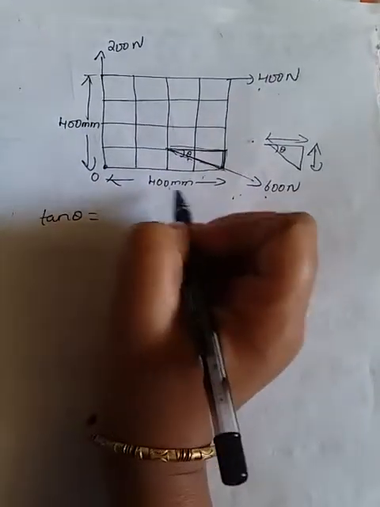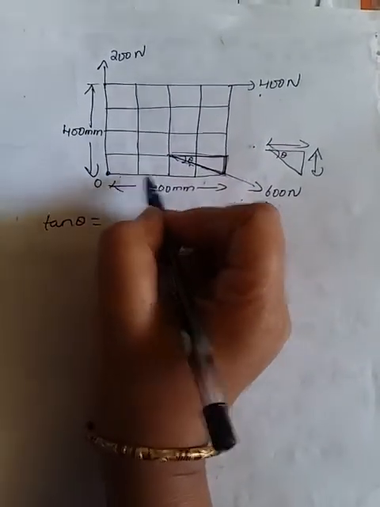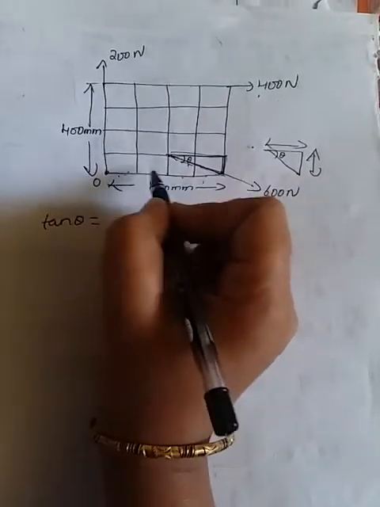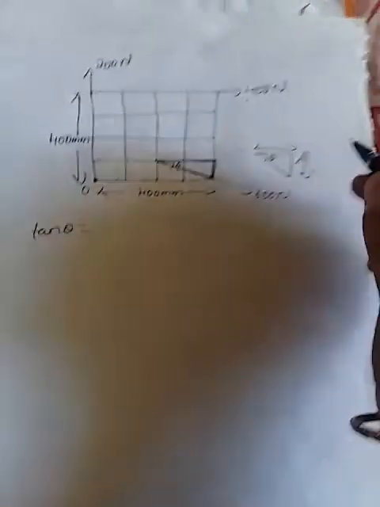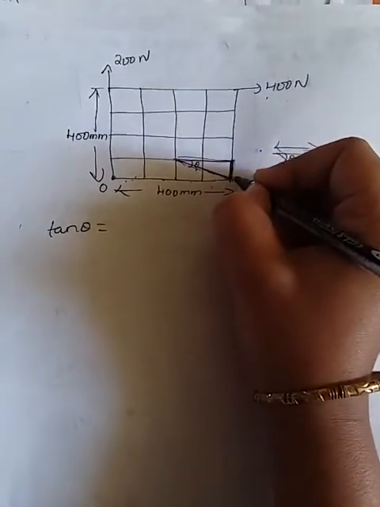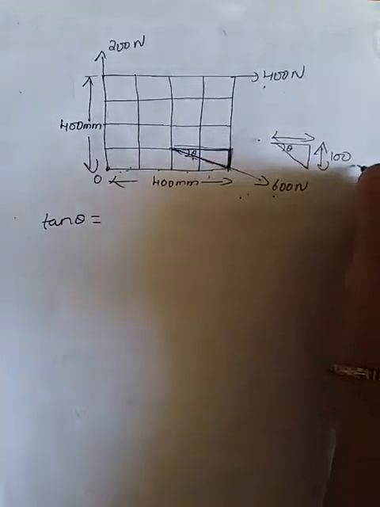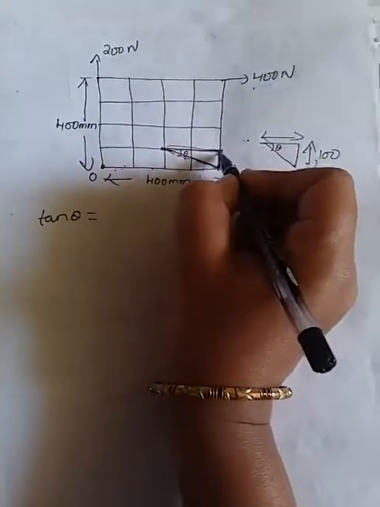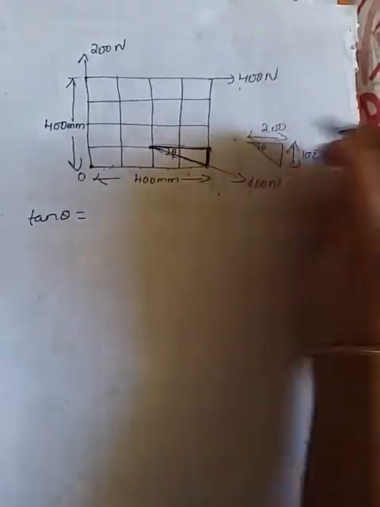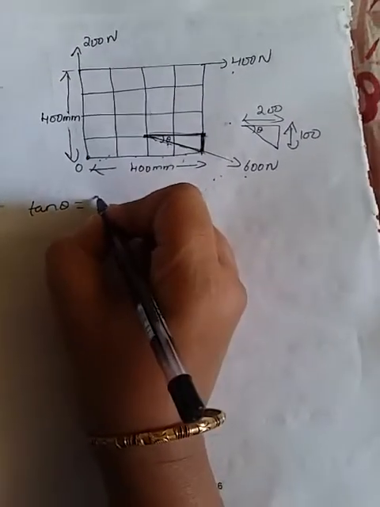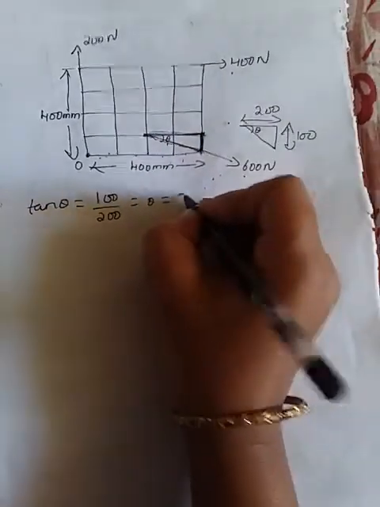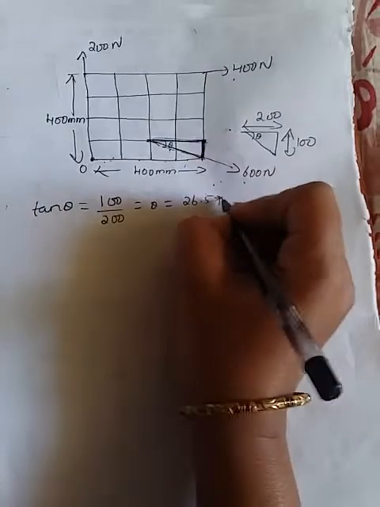The total distance is given as 400 mm, and each grid is divided as 100 mm, 100 into 4 grids. It is cutting only one side of the grid, so it is 100 mm. From here to here it is 1, 2, so it is 200 mm. So the opposite distance over adjacent is 100 by 200, and you will get theta equals 26.57 degrees.